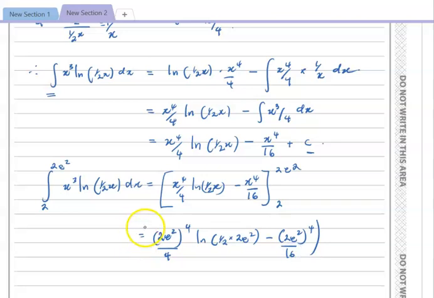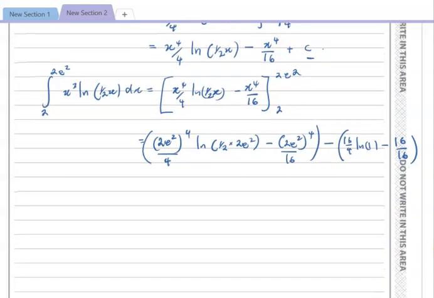This is the first bracket. Now the second bracket, you substitute in 2. You can substitute straight away. So you have 16 over 4 natural log. When you substitute in 2, you have 1, natural log of 1, minus, substituting 2, what do you have? You have 16 over 16.